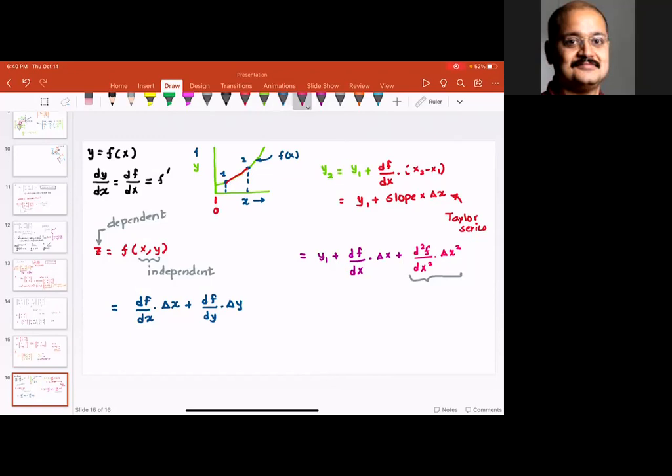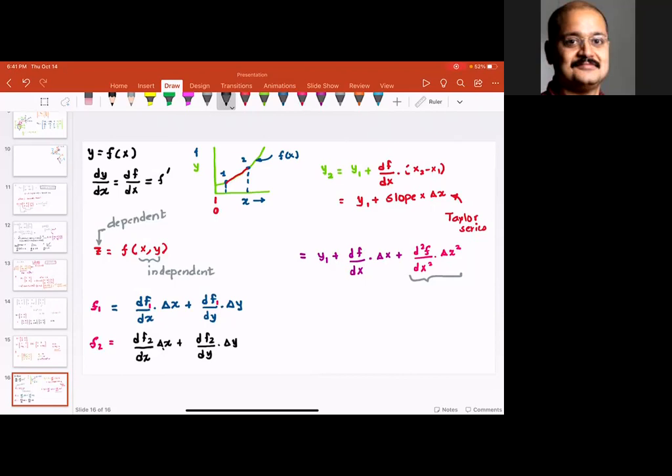So now let me extend this case. And if you are in my robotics class, you would understand this. If you have a function f1, if you have a function f2, I can write this equation something like df2 by dx delta x plus df2 by dy delta y. Do you agree with me? So I have a function, first function f1.